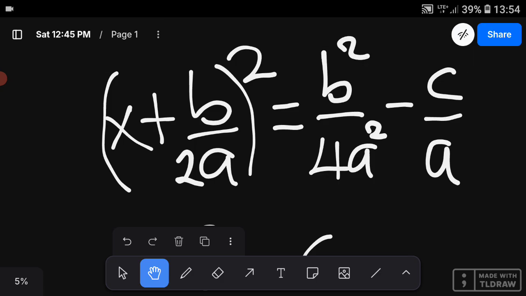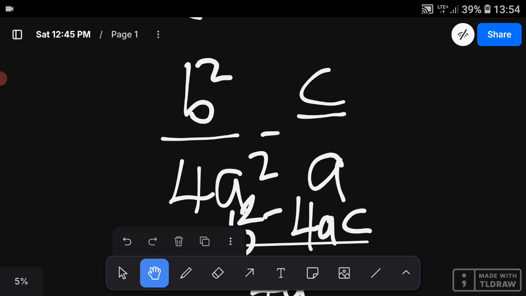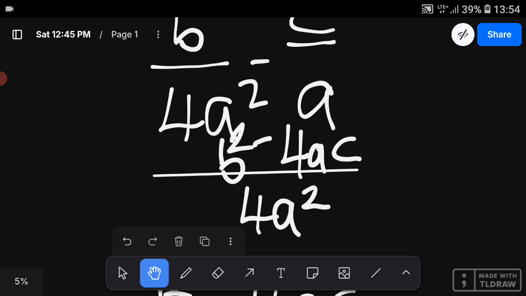Now next, we can solve. If we focus on the right hand side of the equation, b squared on 4a squared minus c on a. The least common multiple between 4a squared and a is going to be 4a squared. So 4a squared divided by 4a squared gives us 1 times b squared, which is b squared, and 4a squared divided by a gives us 4a times c, that gives us negative 4ac.